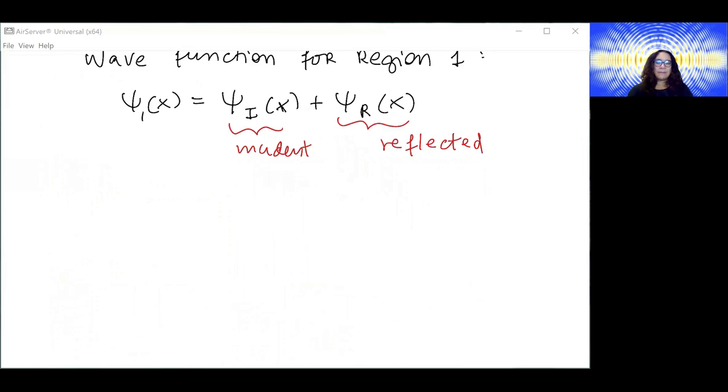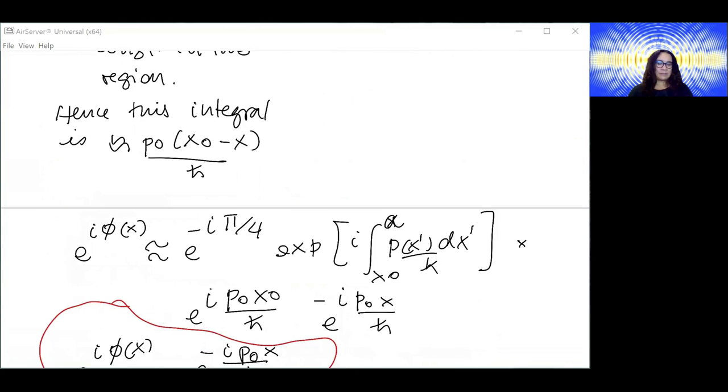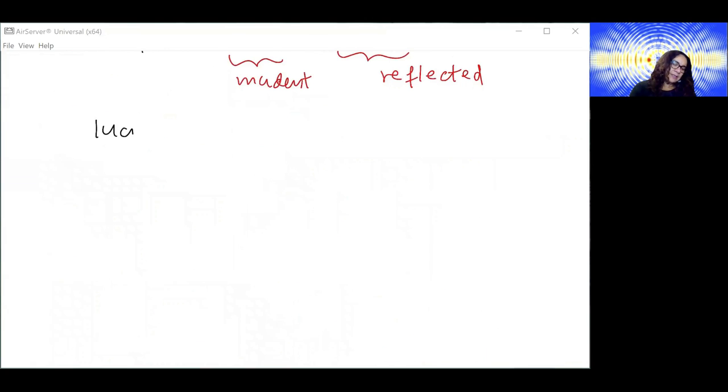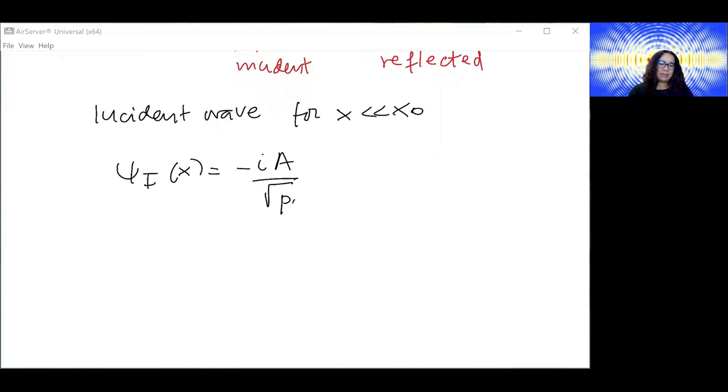If you consider the incident wave, in the region for x much smaller than x naught, so it's far away from the barrier, but x is negative, don't forget that, we're going to have that psi incident is going to be minus i A, that's where we had the minus iπ/4, p naught, e^{iα}, one over 4, plus R e^{i p naught x / h bar}.